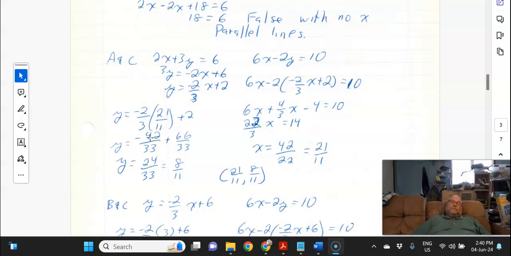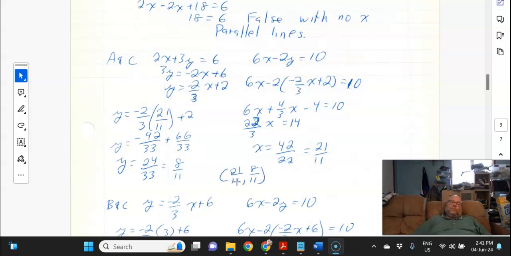We get negative 42/33 plus, we need to convert 2 into 33, get 66/33. Add these together, and we have 24/33, or 8/11. We could also simplify here, get negative 14/11 plus 22/11 is 8/11.